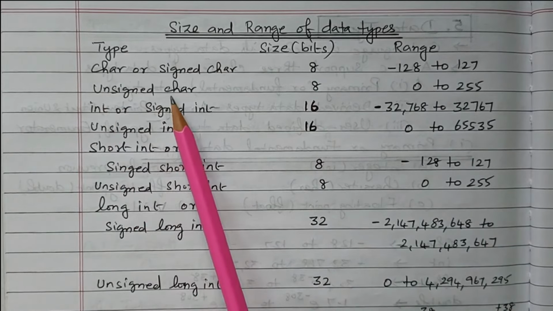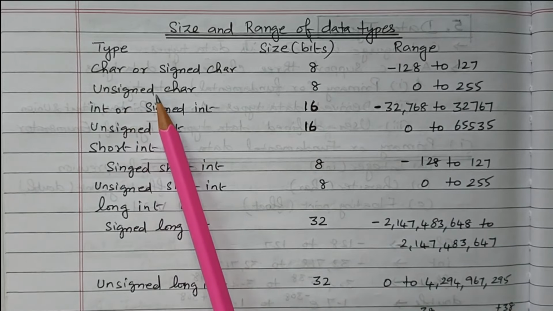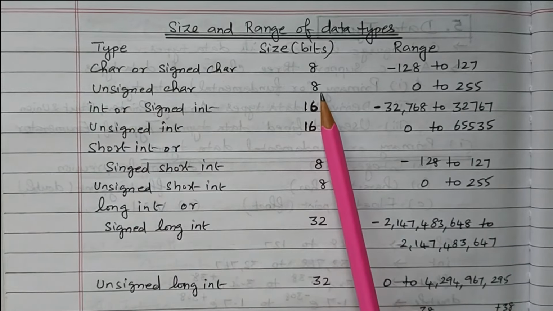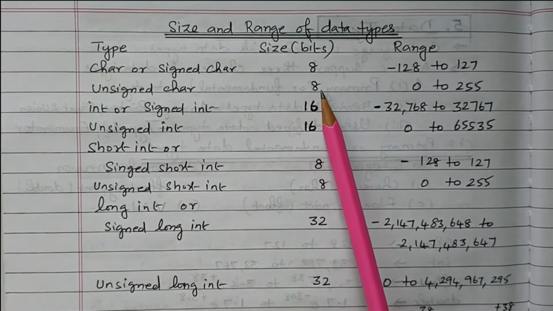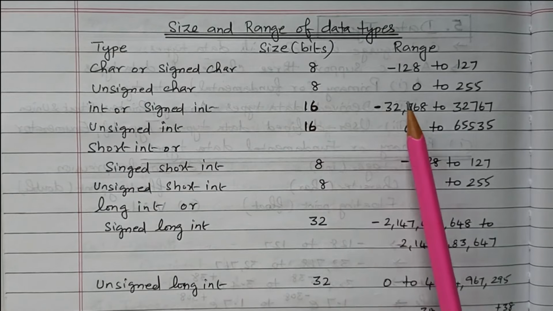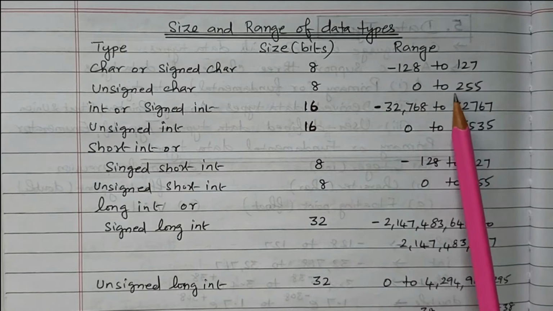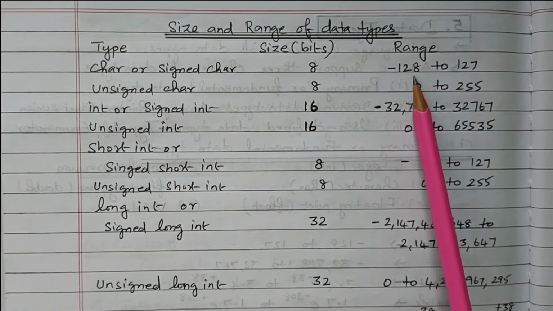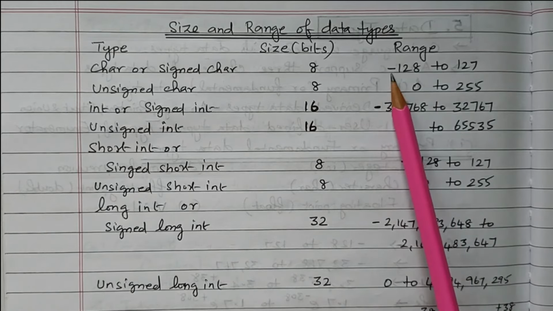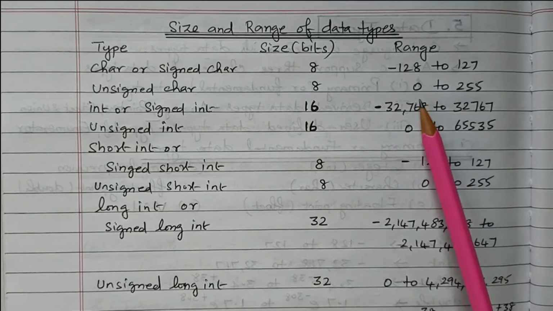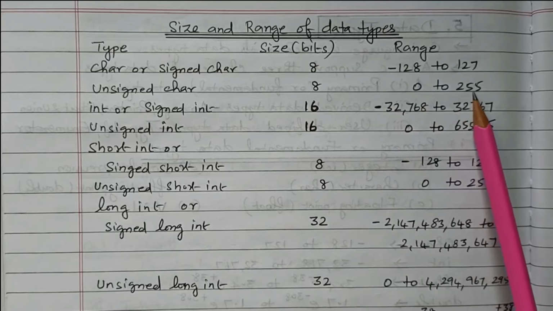For unsigned character, we need not bother about the sign. Same thing, it is an 8-bit data type. So the entire 8 bits, that is 2 to the power 8, 256, from 0 to 255, we can store. See here, for signed only minus 128 to plus 127, with negative available. But here we are not bothered about the sign, so the entire range 0 to 255 is available and the range is increased.